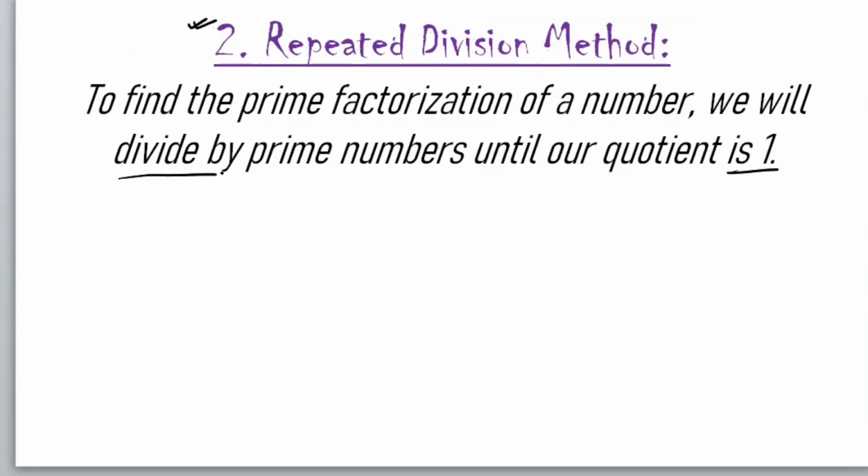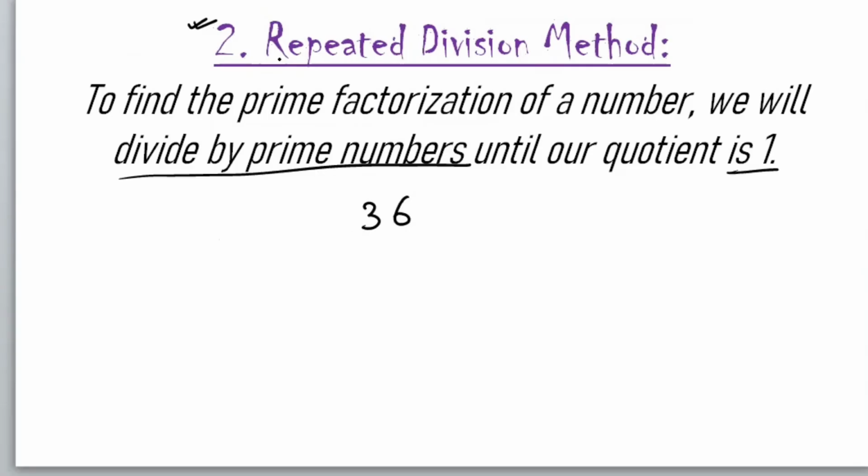So we have to divide by the prime numbers until we get our quotient 1. Okay, so let's take examples. This is 36. We have to find the prime factorization of 36.